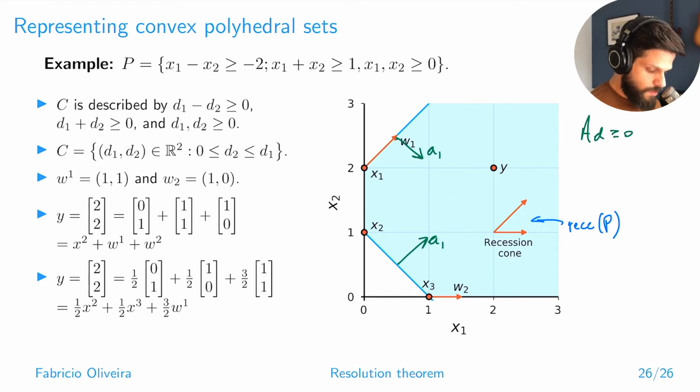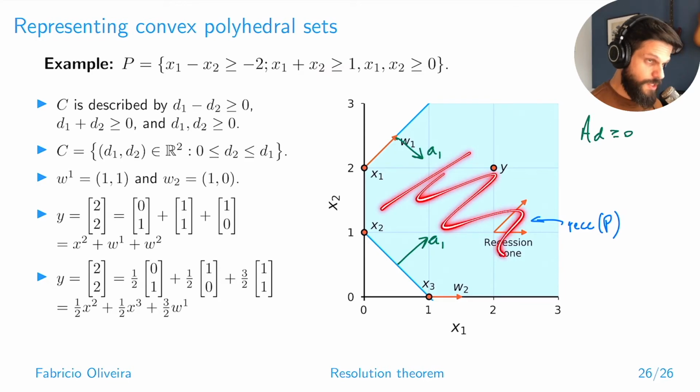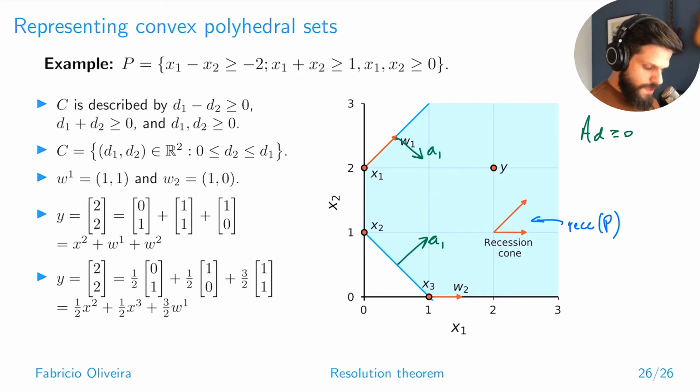Because I want things greater or equal in both cases, I want this region. And then you have two other constraints: x2 greater or equal than 0, so the vector is 0, 1, and x1 greater or equal to 0, that gives us 1, 0. So this is A3 and this is A4.